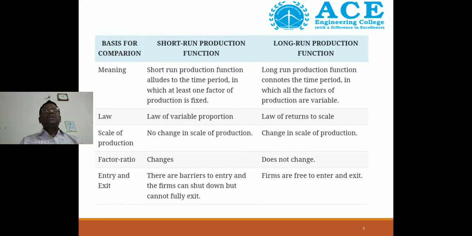So what we learned up to now is the meaning of returns to scale, the definition of returns to scale, then types of returns to scale. How many types we discussed? 3 types. What are they? Constant returns to scale, decreasing returns to scale, increasing returns to scale.